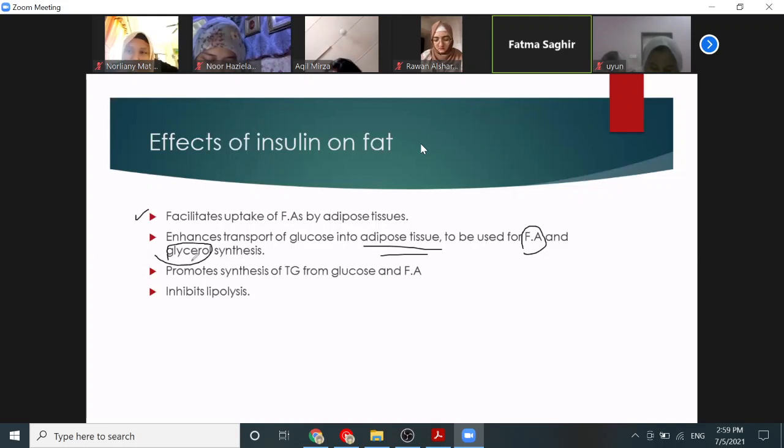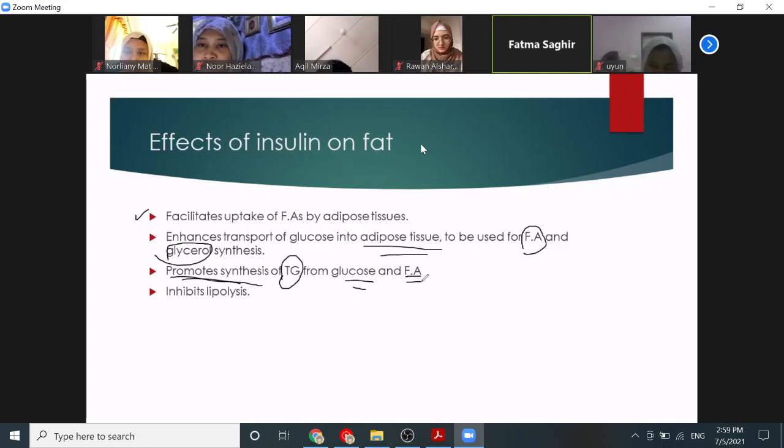Okay, so once we have fatty acid and glycerol, it means we already got function number 2, which is to promote, enhance, facilitate, or stimulate the production of triglycerides from glucose and fatty acids.